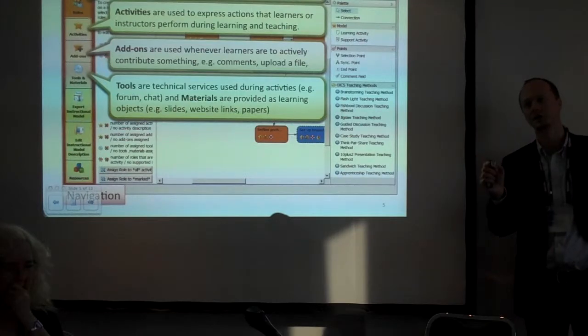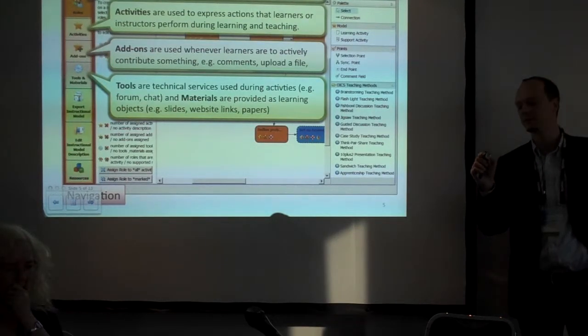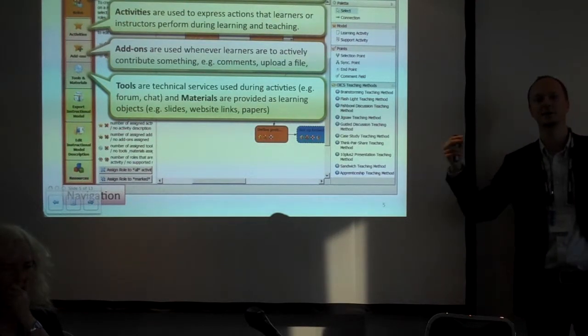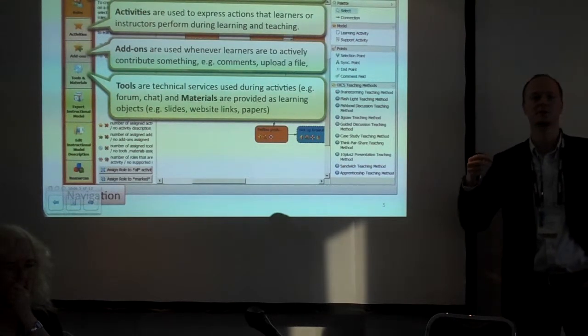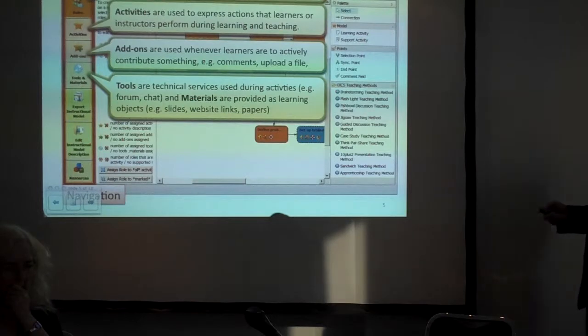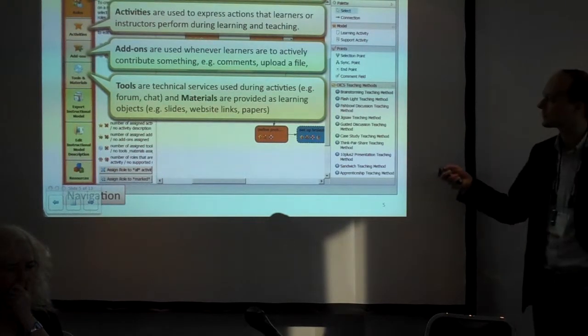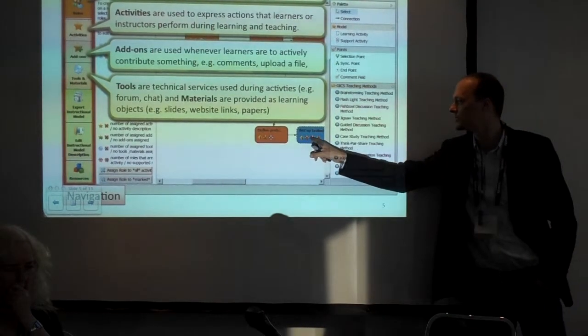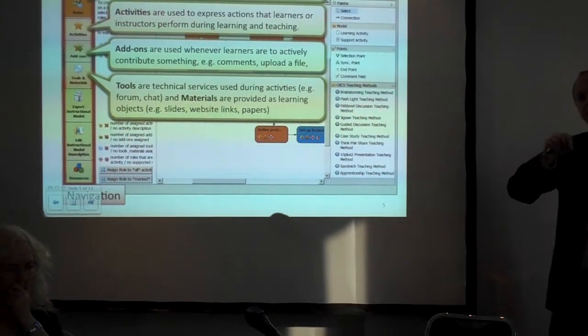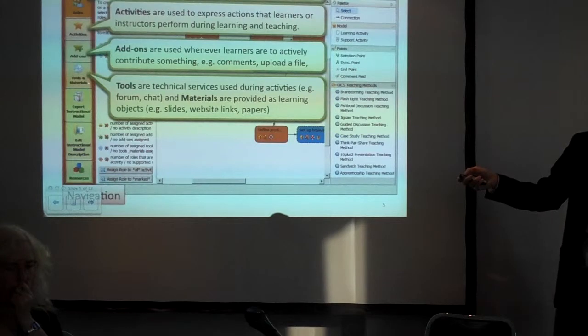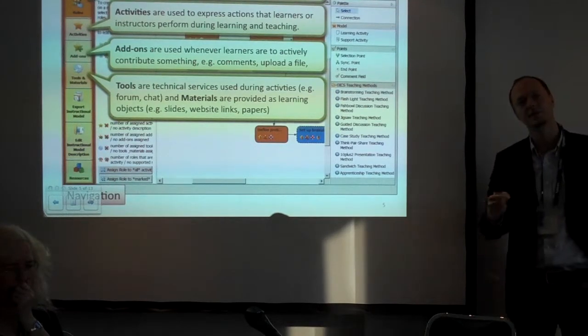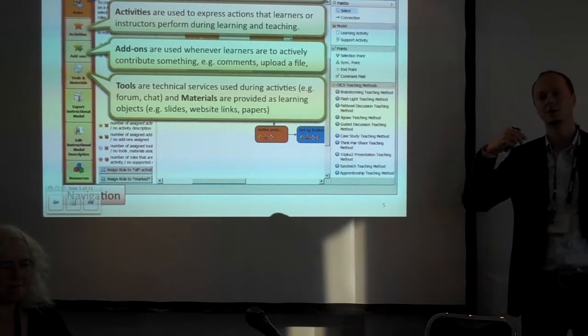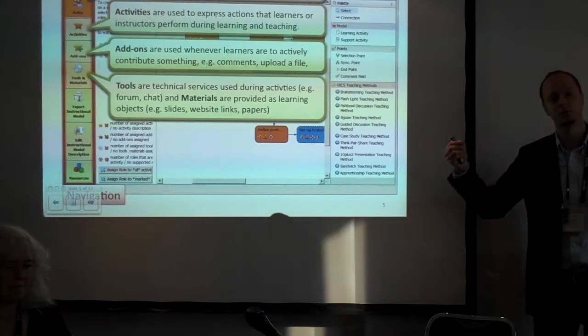Each learning object is a resource that can stand for a simple link to a website, an uploaded document, or just a piece of text. You specify these here, and you can just drag and drop them onto the activities. If you drag, for example, a forum onto an activity, it means that this discussion forum is available during this activity.